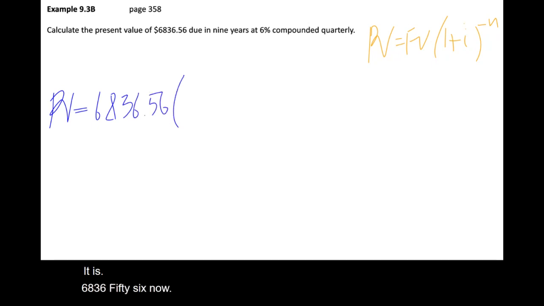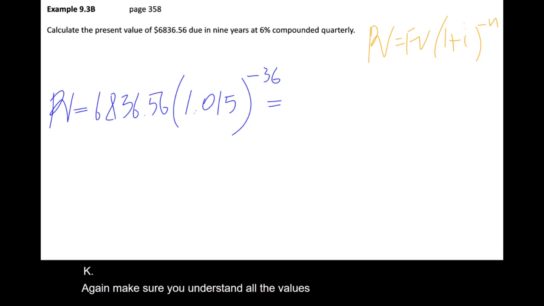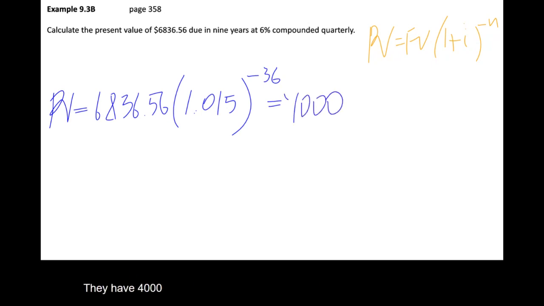Now, what is i? 1.015. 9 years, so it is negative 36. Again, make sure you understand all the values here. I have $4,000. Confirm my value.